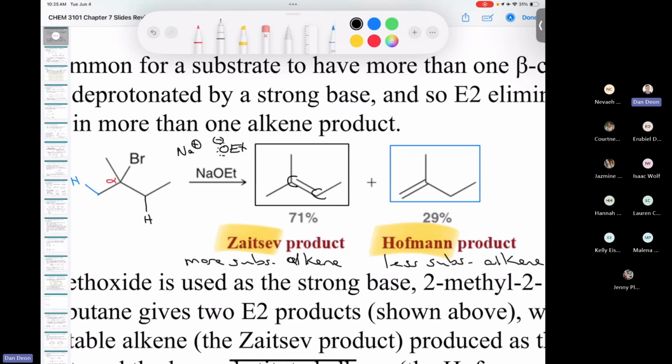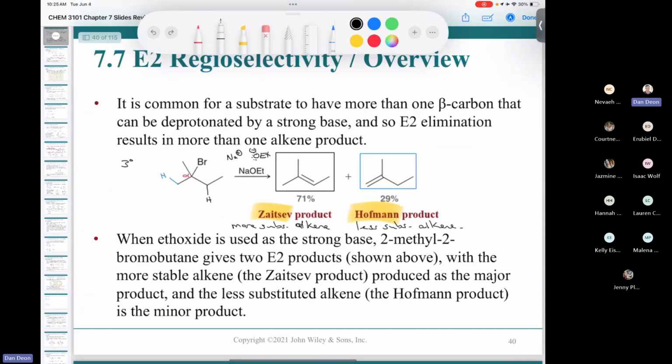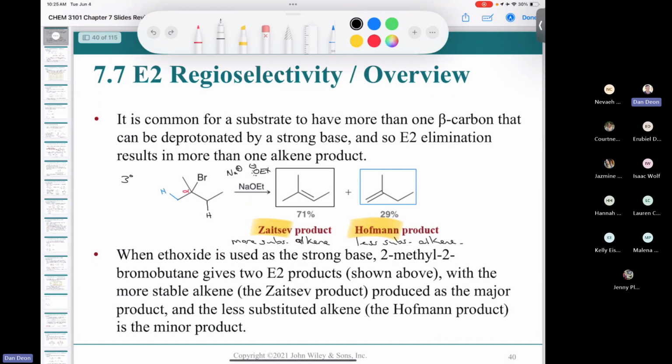They're attached to a total of 1, 2, 3 carbons. If you look at the carbons in the blue product, they're attached to a total of 1, 2. So 3 is a bigger number than 2, and so the Zaitsev is the more substituted product, and therefore it is the more stable product. It turns out that in this case, you actually get mostly the Zaitsev product, which is the most stable product.